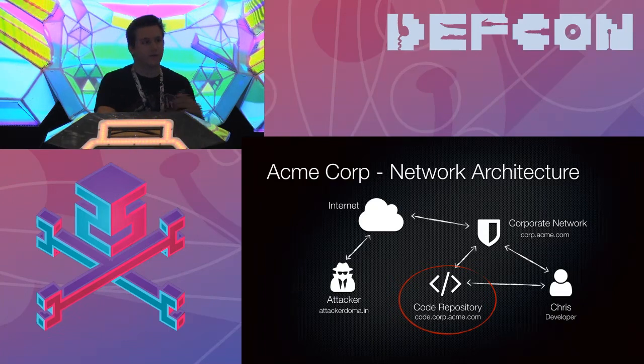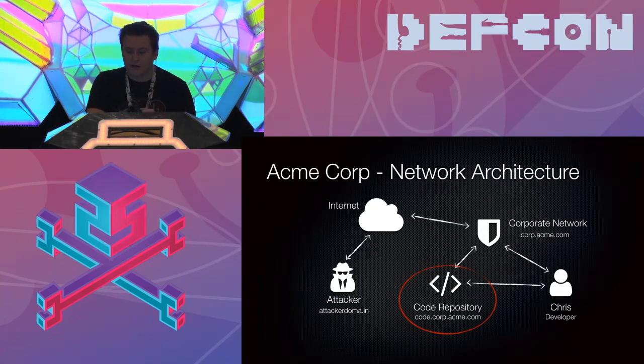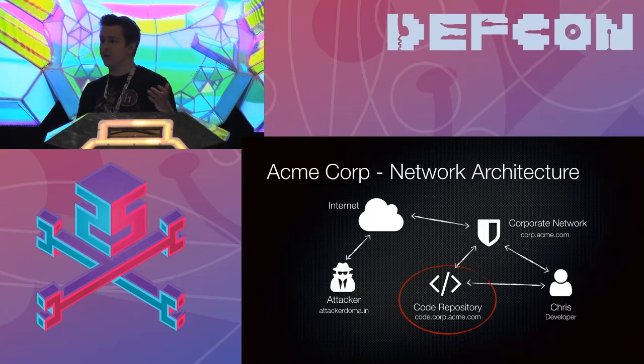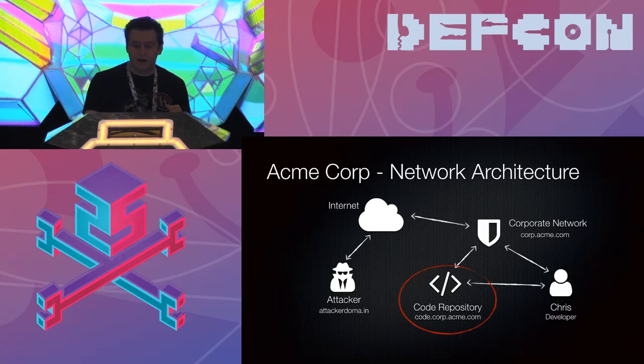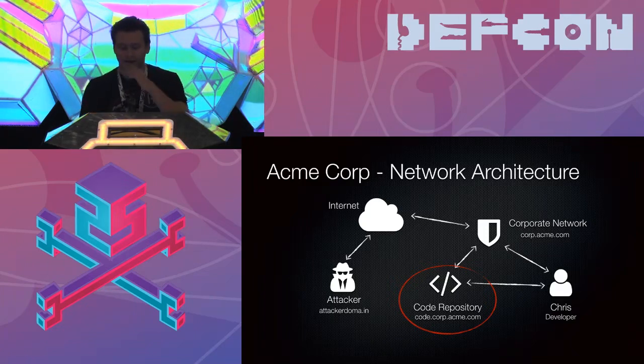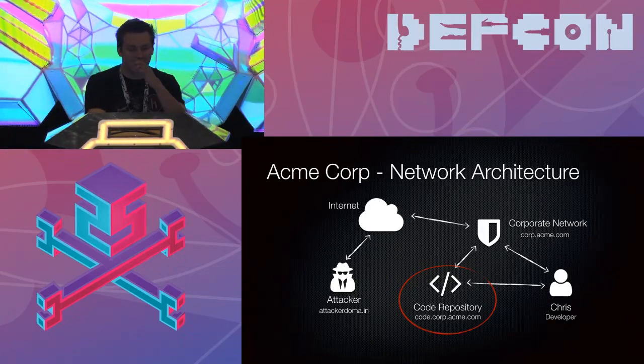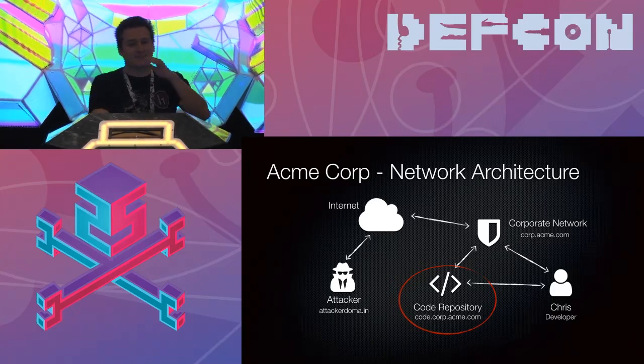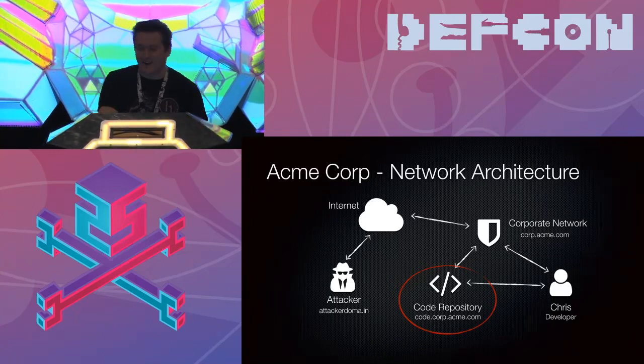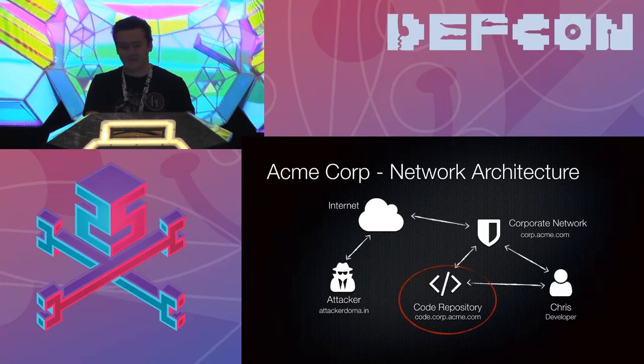It could be your internal HR system. It could be some marketing website for a new product that hasn't been announced yet. Who knows? Could be anything. And I don't think I need to ask people to raise their hand about at least one of those things probably having existed on their network at some point in time. Everyone spins up something and goes, oh, it's fine, it's safe, it's only accessible on the intranet. Only our employees can access it.